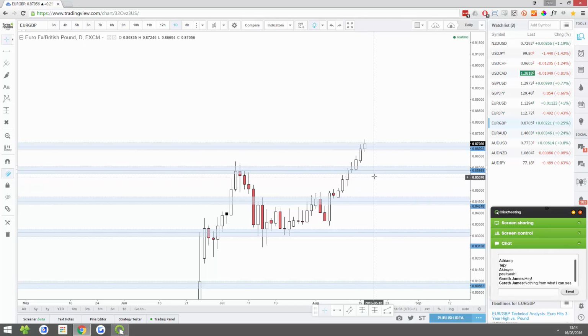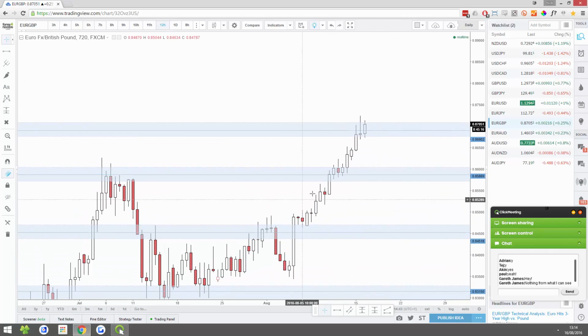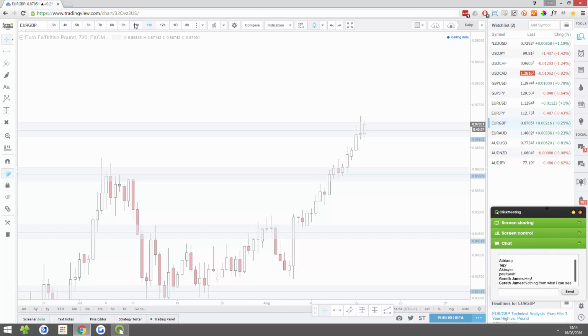You may remember, I think it was last Thursday, I saw a potential setup here on Euro GBP, at this previous resistance area. That setup didn't actually ever trigger. The low wasn't broken, so that setup wasn't entered. But now we're getting some signs of price stalling at the next resistance area.